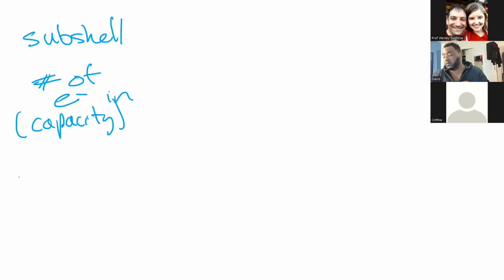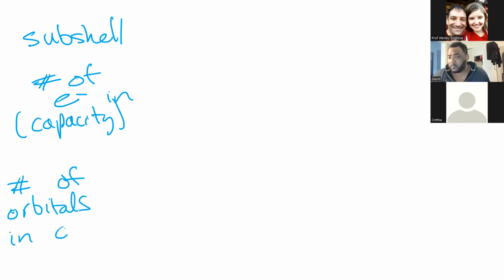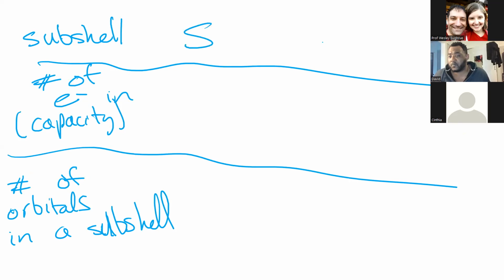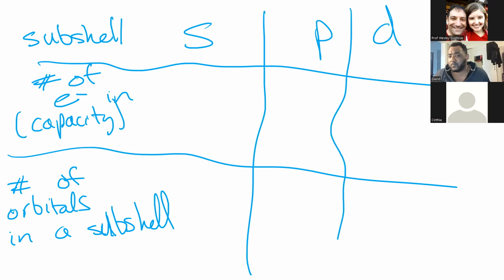One other thing we can add there is the number of orbitals in a subshell. So the subshells S, P, D, and F.